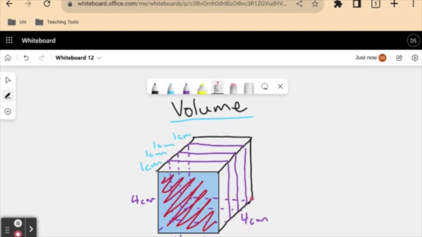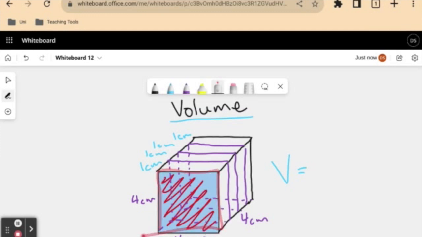So taking 4 centimeters lots of our 16 centimeters squared, that is the effect of going, well, our volume is the area of our cross section.